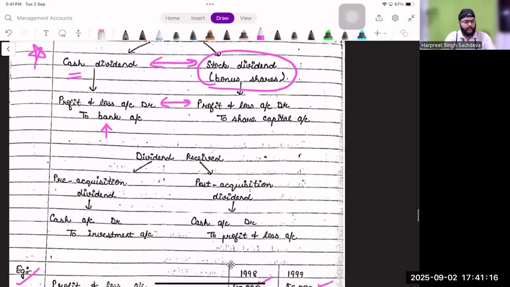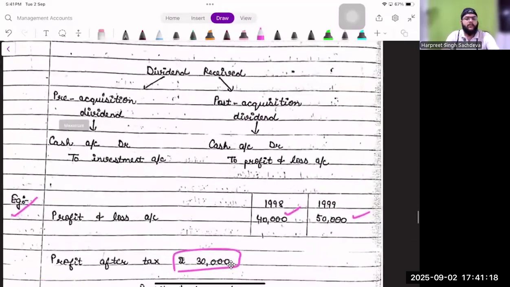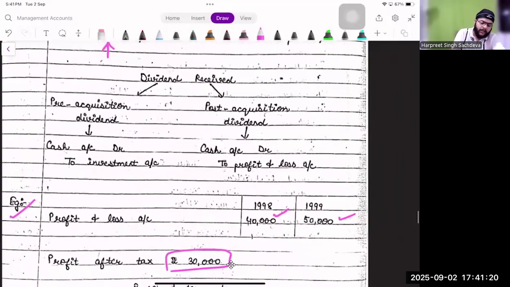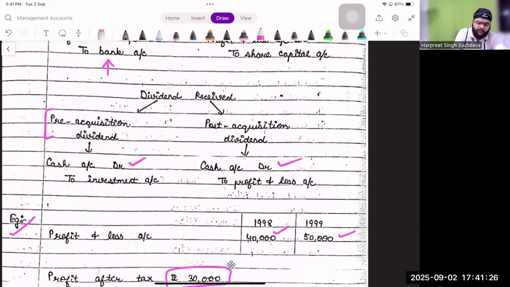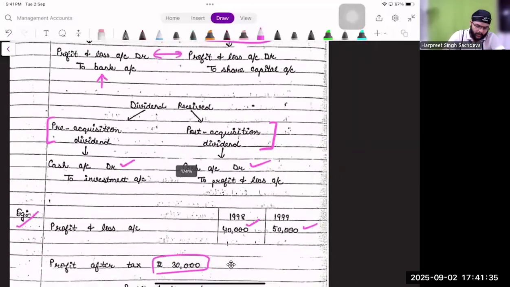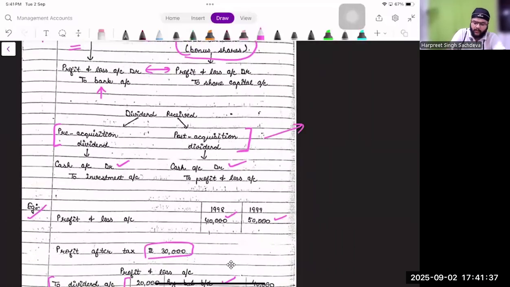Okay. Then there is dividend received. Whenever you receive dividend, cash account debit, both the cases. There are two types of dividend which we receive: pre-acquisition dividend or post-acquisition dividend. Okay, Raja, pre-acquisition dividend and post-acquisition dividend. Can you tell me in which subject, in which chapter we have discussed these two names?